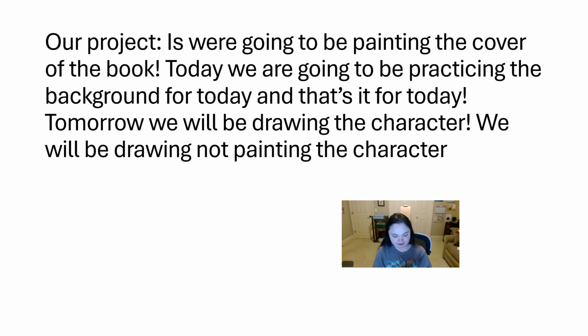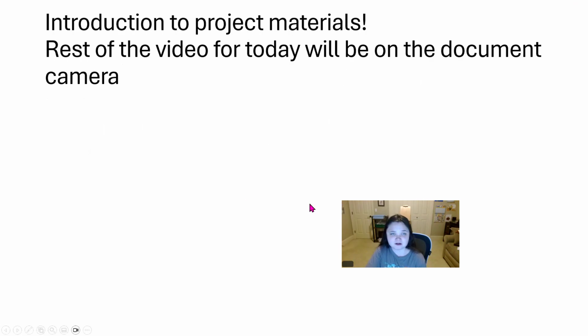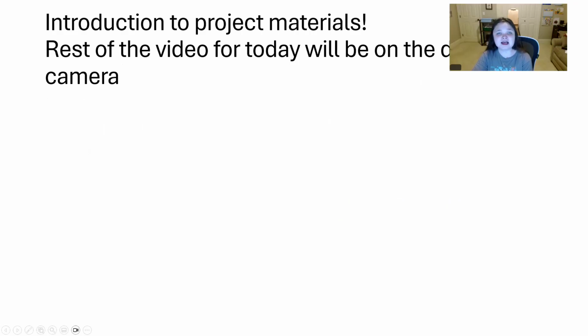Okay, so we're going to be drawing the kitchen along with the background. I'll go over how we're going to do that once I show the canvas. And then, introduction to project materials. So the rest of this will be in the document camera. And that is it for the slide. So let's head over to the document camera.